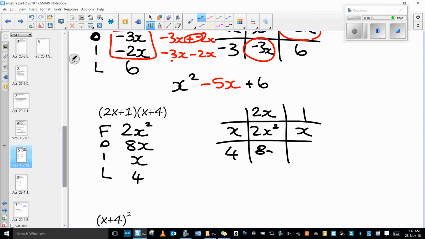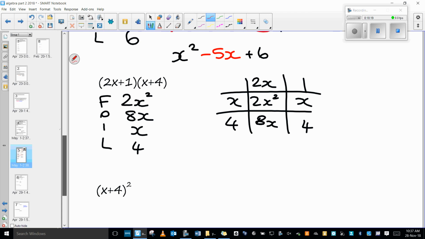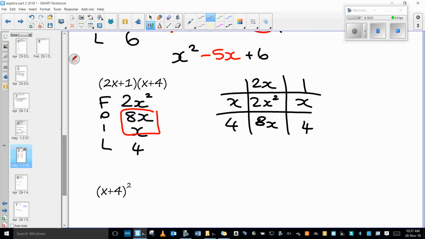So joining our like terms. So we've got 2x squared, and we're joining our middle like term, so it's 8x and x, which gives us plus 9x. Don't forget the sign with it. And then plus 4 because that's positive.